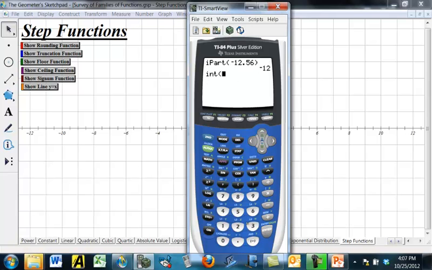So this will be the floor. So this will go down, whereas this one is still going to go down to 2. Okay, so some of these functions are built in your calculator. You can use those on your calculator to figure out things if you need them.